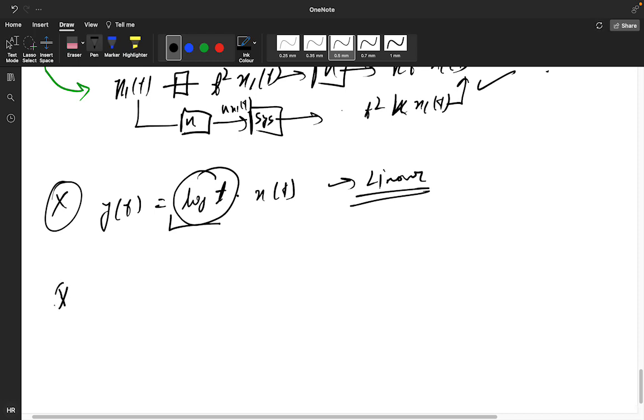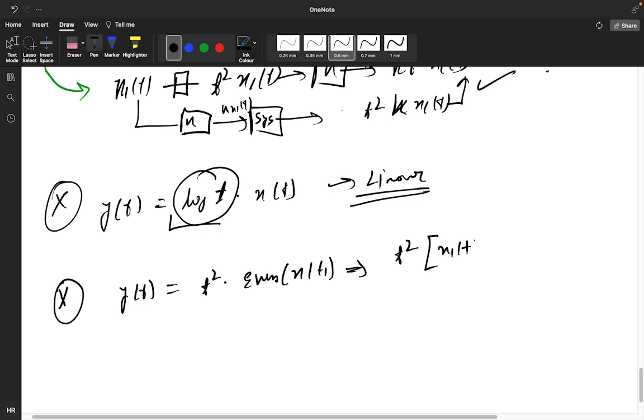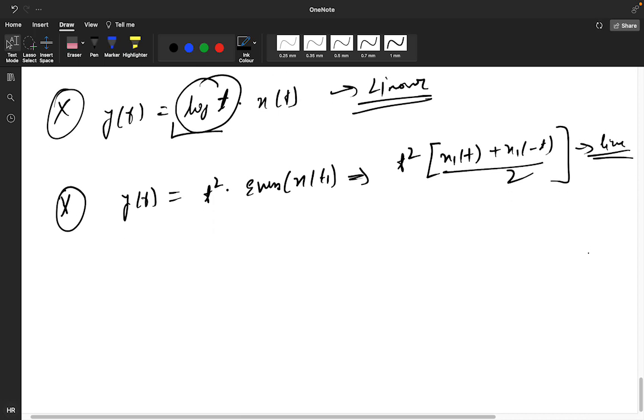Last question: you have y of t is equal to t square times the even function of x1 of t. This can be written as t square times x1 of t plus x1 of minus t divided by 2. If you check it separately, you will get the linear result only.